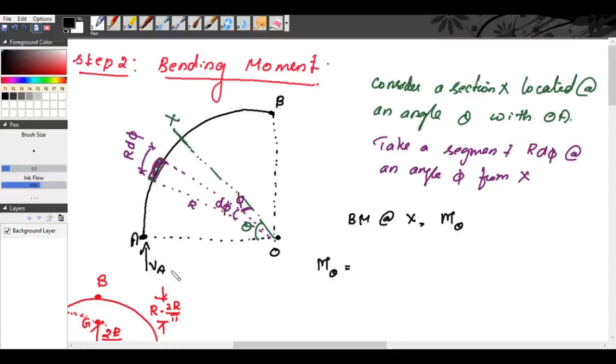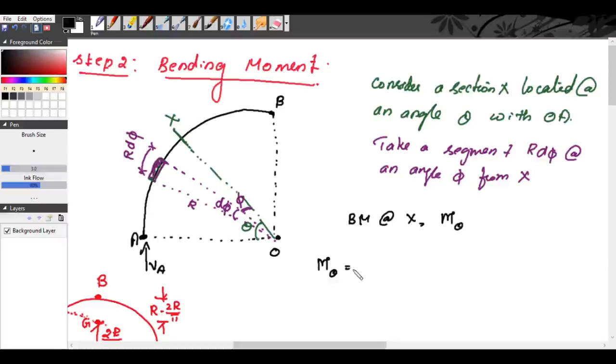This section x is making an angle theta with OA, so theta varies from 0 to 90 degree.